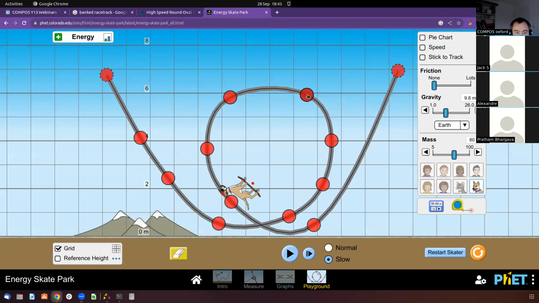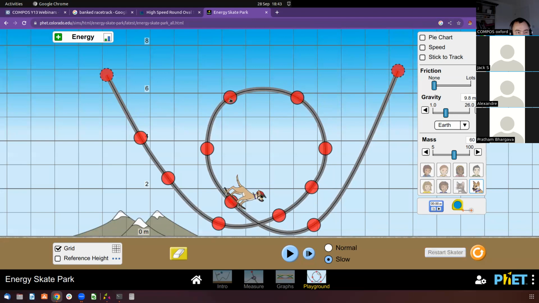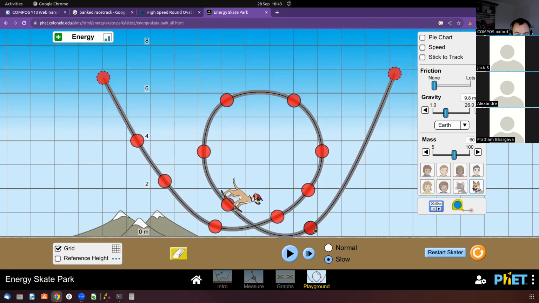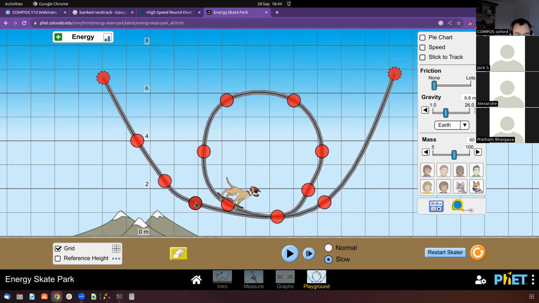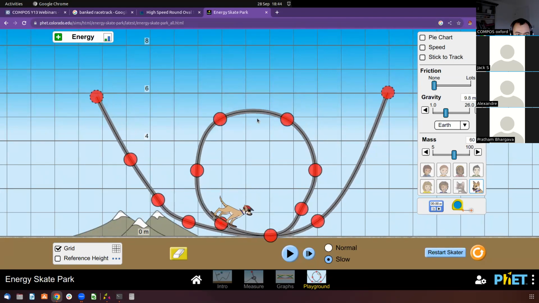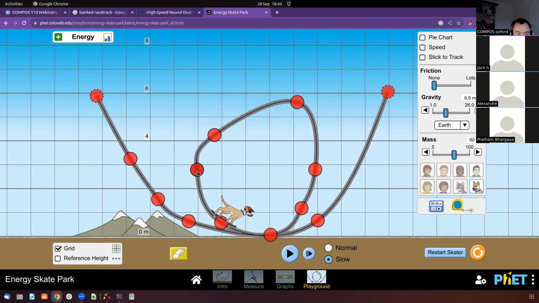Well, we need to make the radius fairly constant. Let's make the radius of the loop 3. So we need 2.5 times 3.